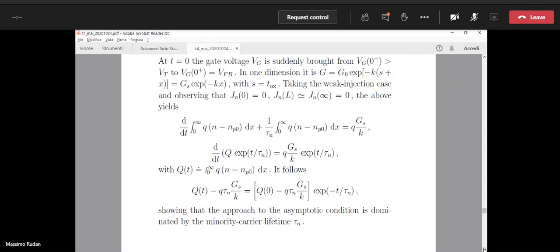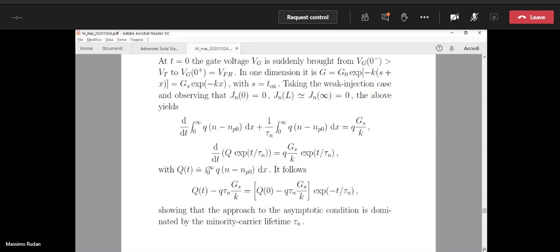So when we integrate this equation, we obtain that the charge per unit area, capital Q, associated to the excess electron concentration decays with respect to time. We expected that, okay? Because we have at the right-hand side the exponential of minus t over tau n. The quantity in parentheses is, of course, the value of this excess charge at t equal to 0.